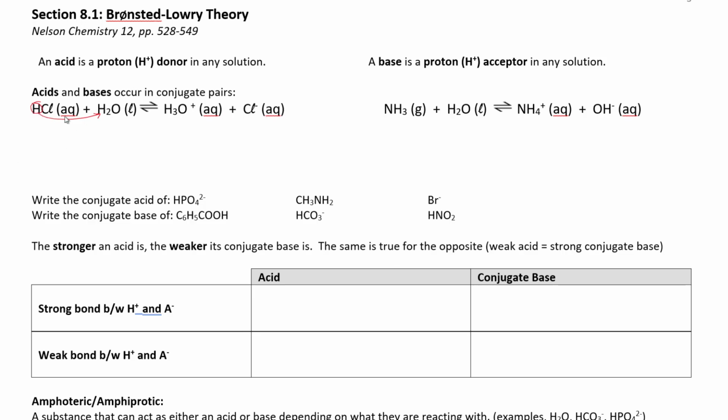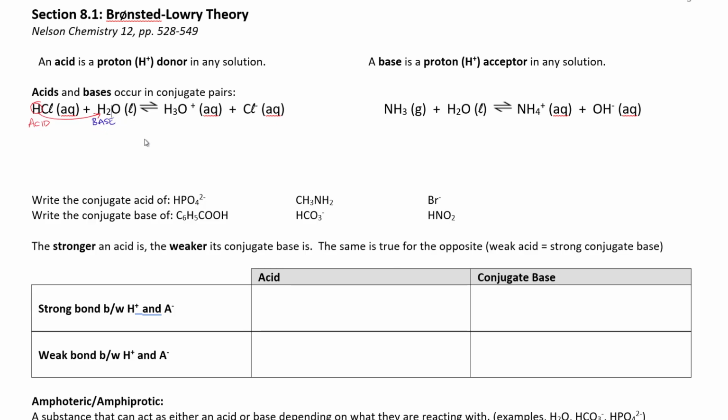So because it donated a proton, it is the Bronsted-Lowry acid. Water, having accepted the proton, is called a Bronsted-Lowry base.